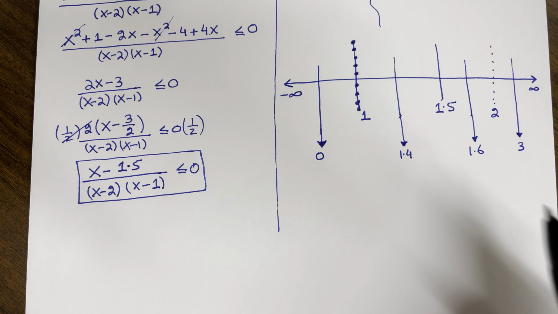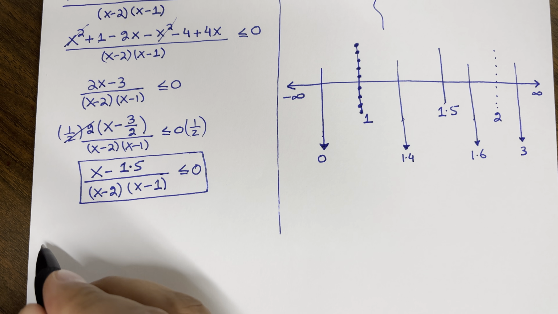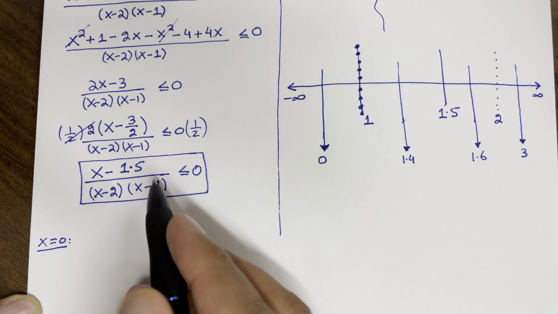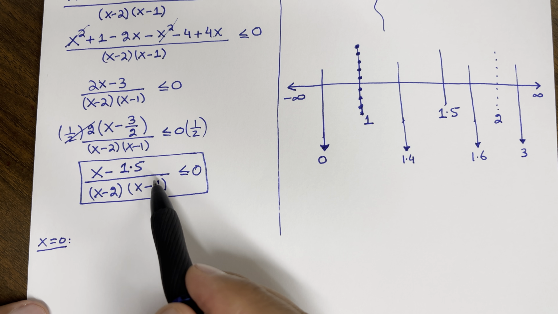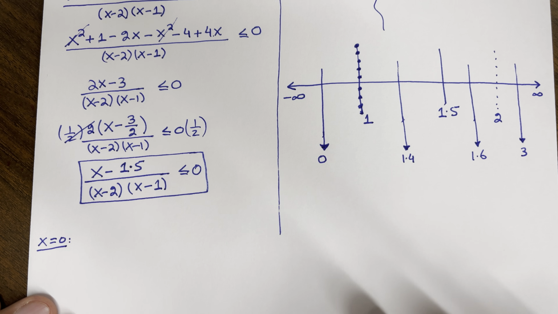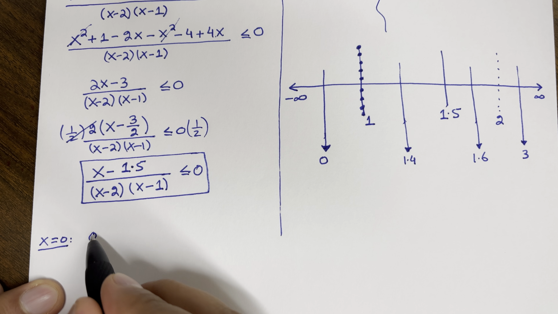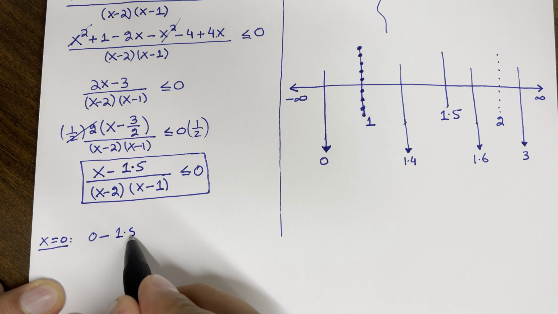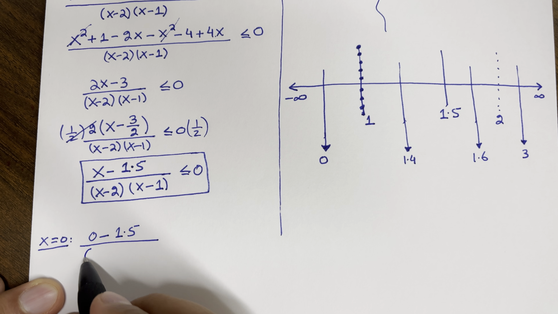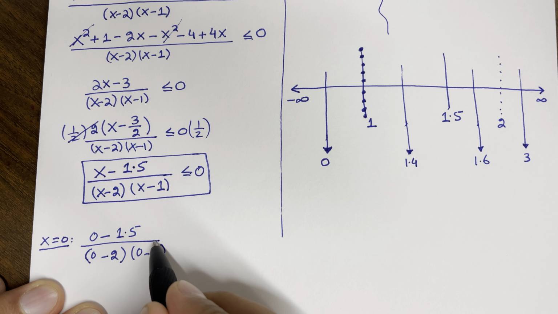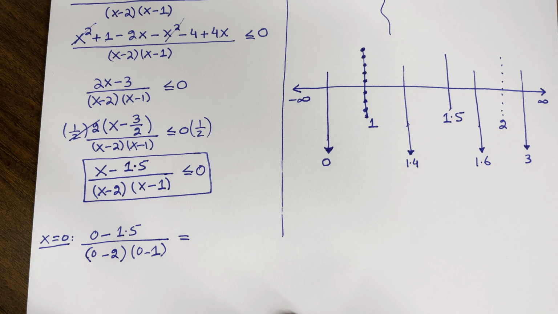Now we have to check these test values. The first test value is x equal to 0. I need to plug it into the final equation. We don't need to simplify. Plug in x equal to the test value: 0 minus 1.5 divided by 0 minus 2 and 0 minus 1. We don't need a calculator, we don't need precise answers.